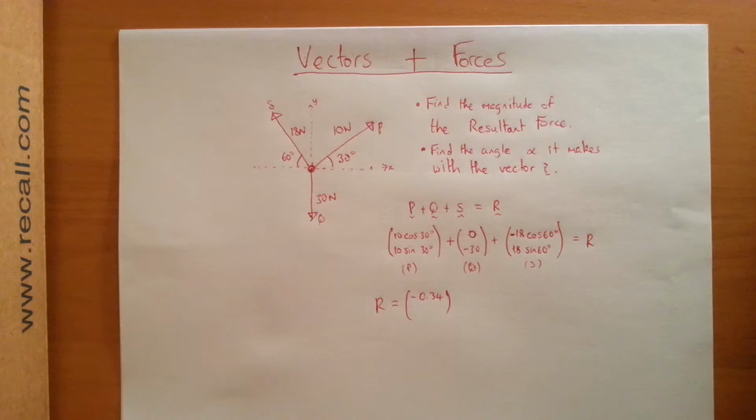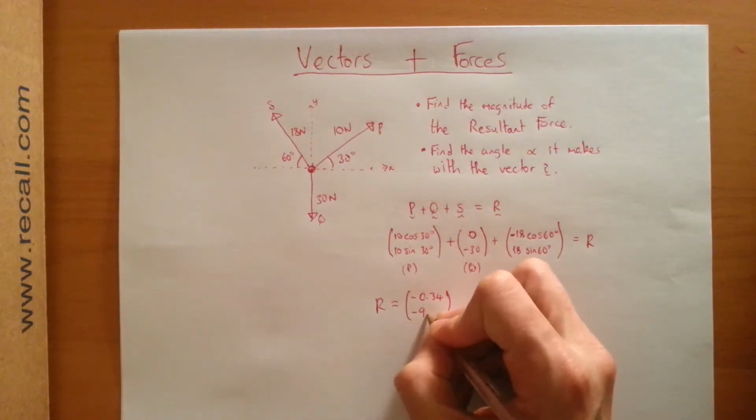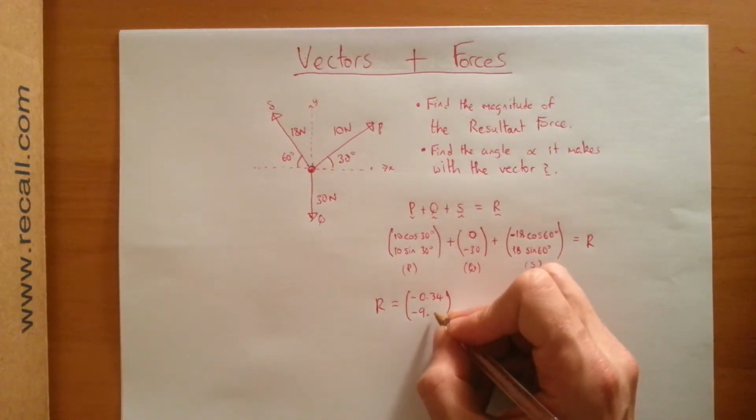For Y, I'm getting 10 sin 30, and then minus 30, and then plus 18 sin 60, and I'm getting minus 9.41 here.